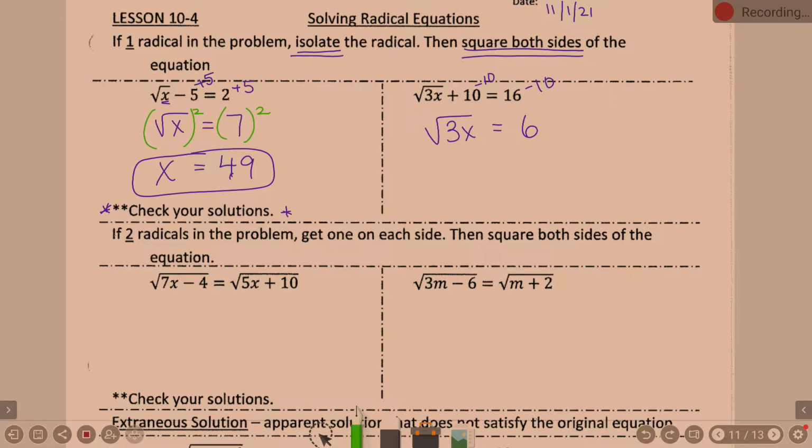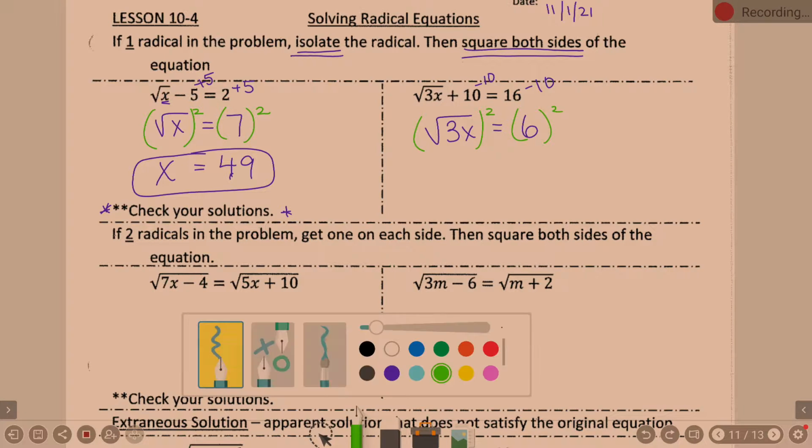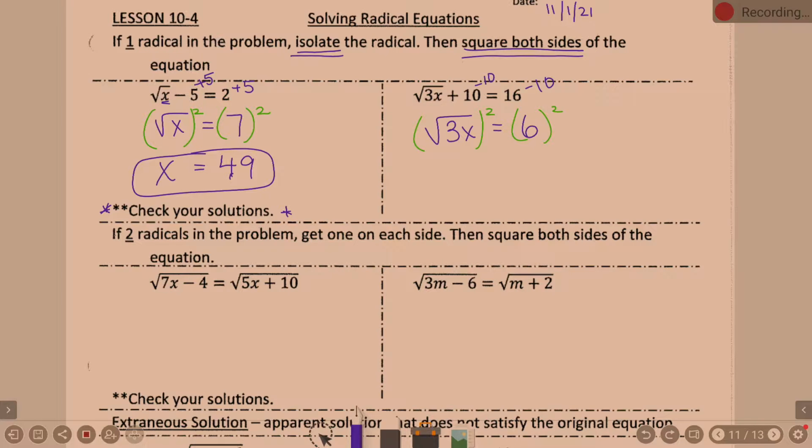Okay, right? When you get to the point where you have just the square root and whatever's under it, we're going to raise it to the power of 2. I raise one side to the power of 2. We raise the other side to the power of 2. Now, don't make this too hard here. What happens when I square the square root?